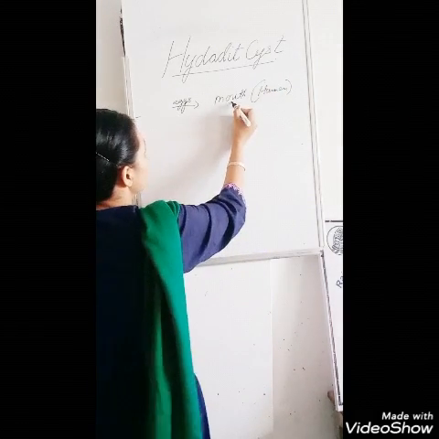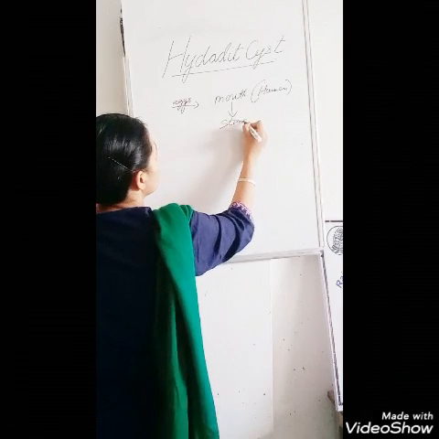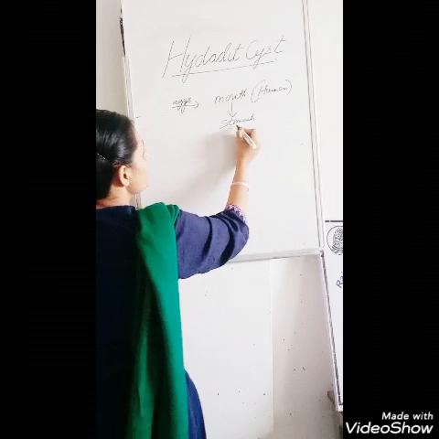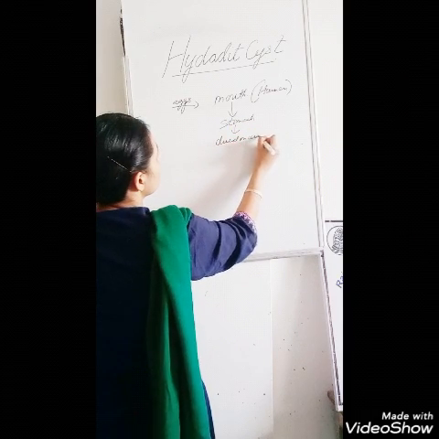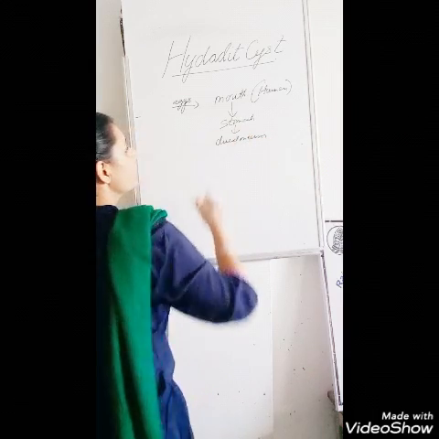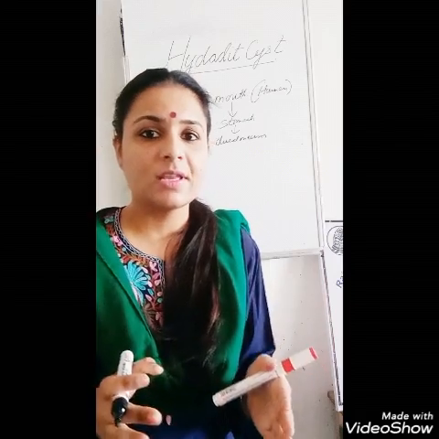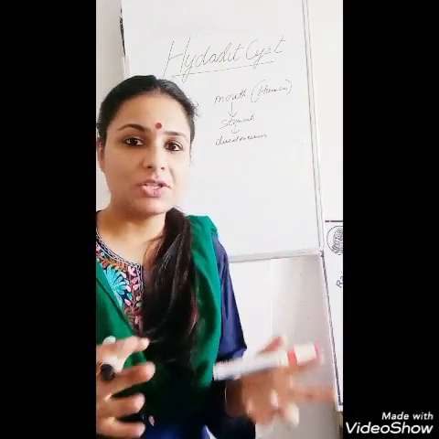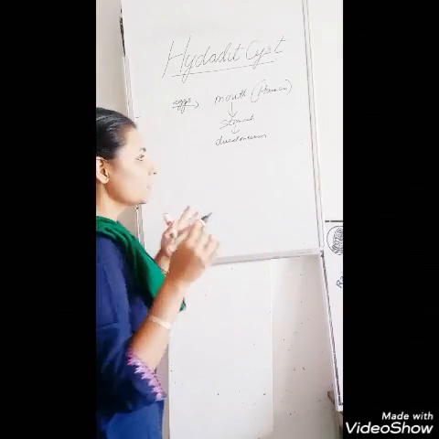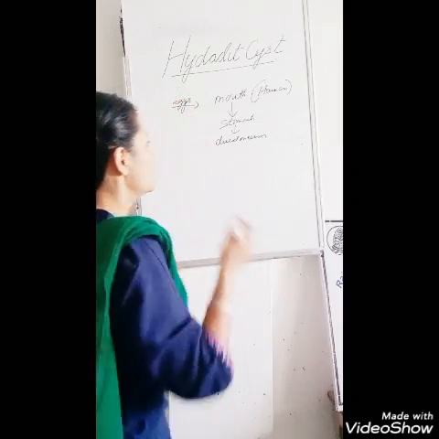Now from the mouth it will enter into the stomach, and through the stomach, the duodenum. The duodenum contains acids and a lot of pancreatic juices needed for digestion.